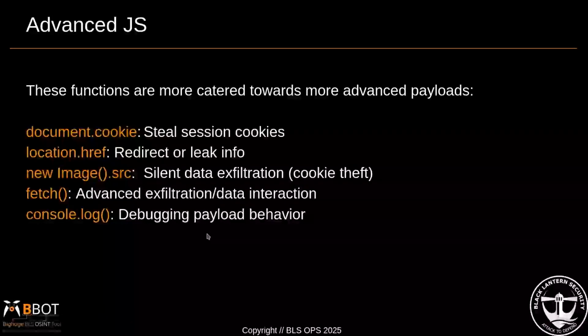There are also some advanced JavaScript commands you can use. The one we're going to be looking at a lot today is document.cookie. That's the one you use to steal cookies to impersonate other users. So if you want access to an admin dashboard, and Burp or something has found that there's a cookie there, and you want the admin cookie, and you find a place where your payload is being viewed by an admin, like if you're sending in a complaint, the complaints usually go to the admins.